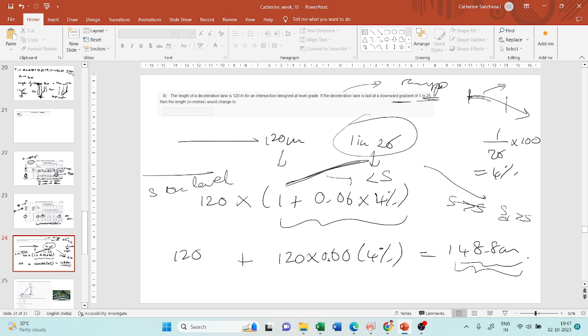Why has it increased? Because you actually have to drop from say 80 kilometers per hour to say 50 kilometers per hour, for which you require a distance of only 120 meters.